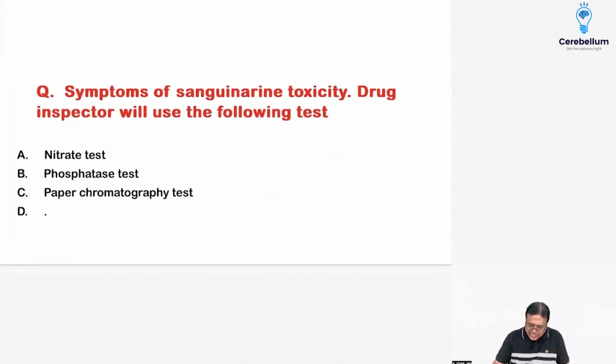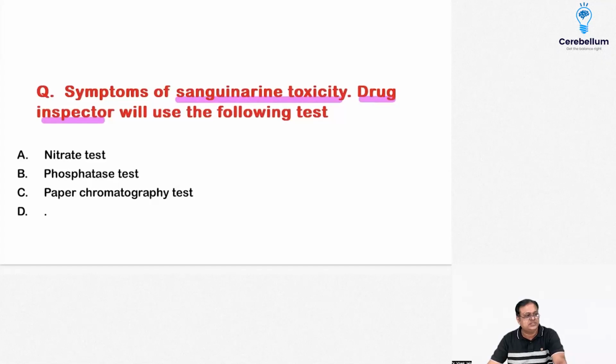Question on sanguinary toxicity. Drug inspector will do which test? So friends, you tell me which test should be done in sanguinary. Sanguinary means which disease are we talking of, friends?